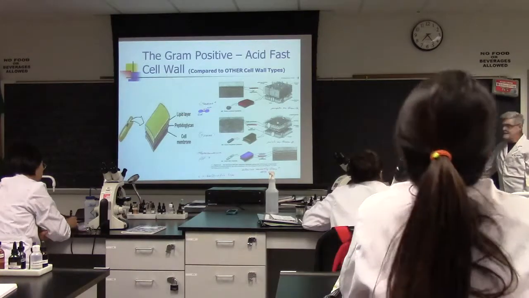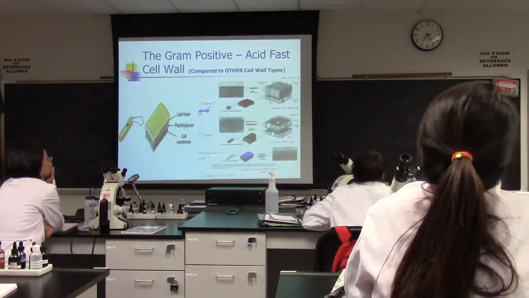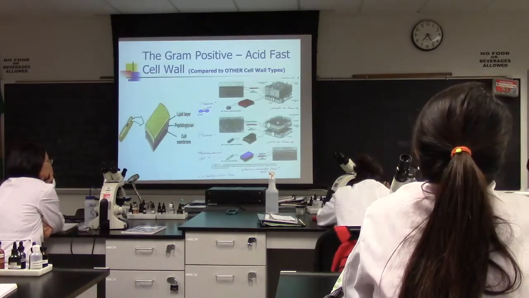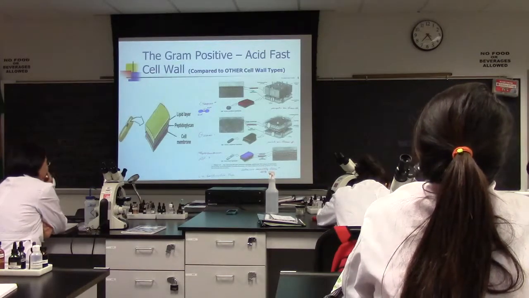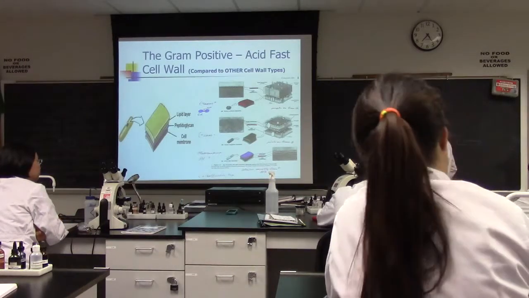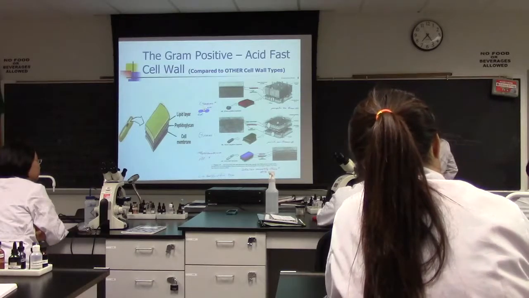Now, why am I bringing this up under the gram stain? They have a thick cell wall, so they stain what color? Purple. Except when they're falling apart. When they fall apart, the purple leaks out and they become pink.